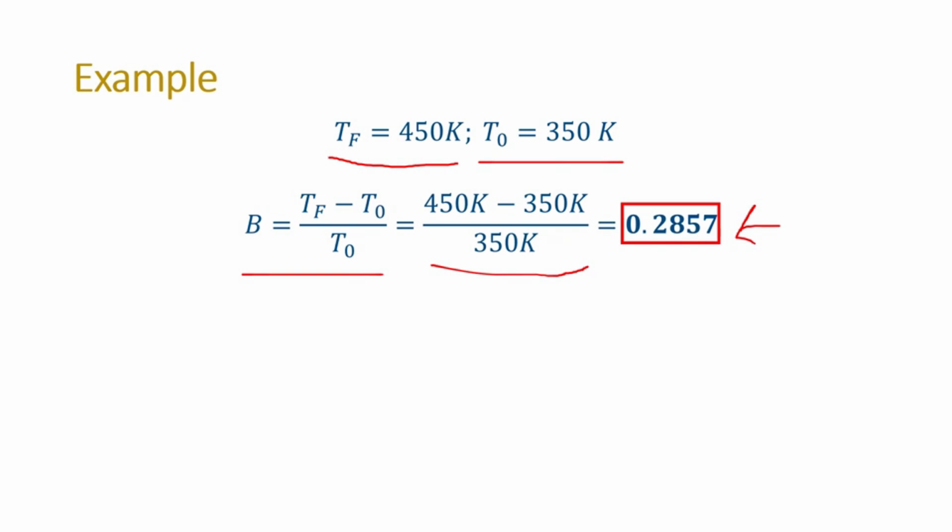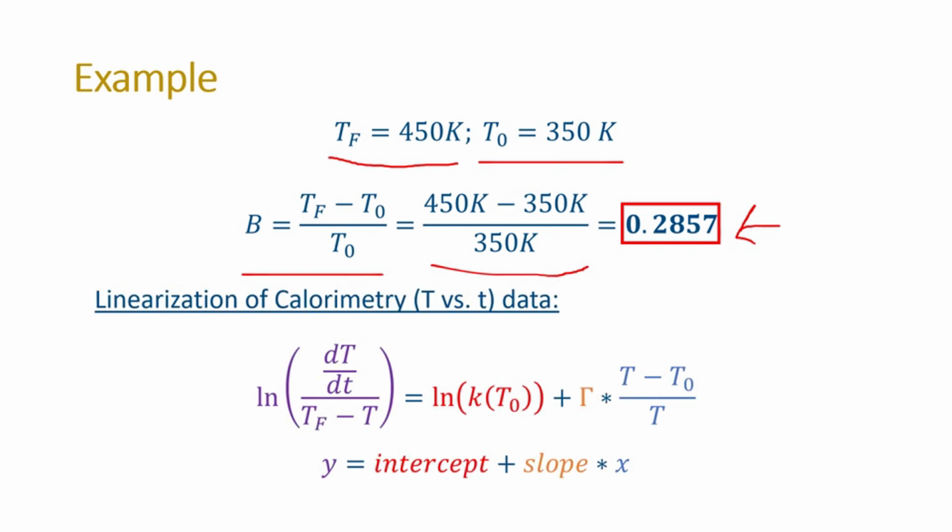The next item that we were asked is, what was the value of the dimensionless parameter sigma, which is the dimensionless activation energy? Recalling that when we linearize calorimetry data, which is our temperature versus time data, the linearization is done by taking the natural log of dT/dt over the final temperature minus the current temperature, that would be our y variable, and our x variable would be the temperature minus T0 over the temperature.